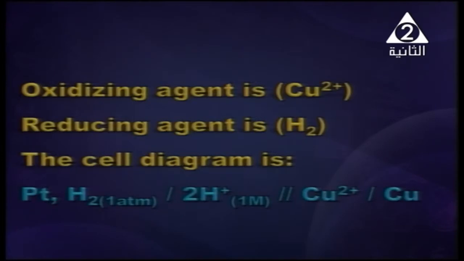The cell diagram that represents this cell is Pt, H2 1 atmosphere, single bar 2H positive 1 molar, means the concentration of hydrogen ion equals 1 molar, double bar salt bridge, Cu positive 2 single bar Cu.